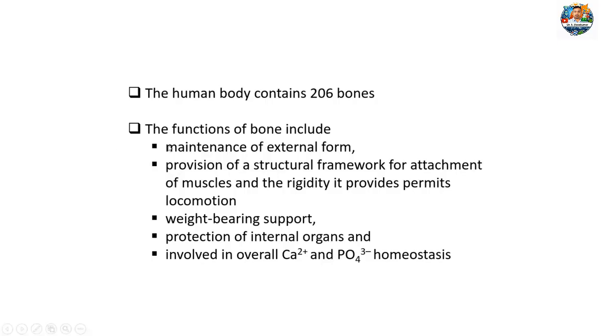So being that it is involved in the maintenance of external form, it provides a structural framework for attachment of muscles, and the rigidity the bone provides permits locomotion and movement, and it gives us weight bearing support. It also protects the internal organs, and finally, but not the least, it is involved in the maintenance of calcium ion and phosphate ion concentration in the fluid.